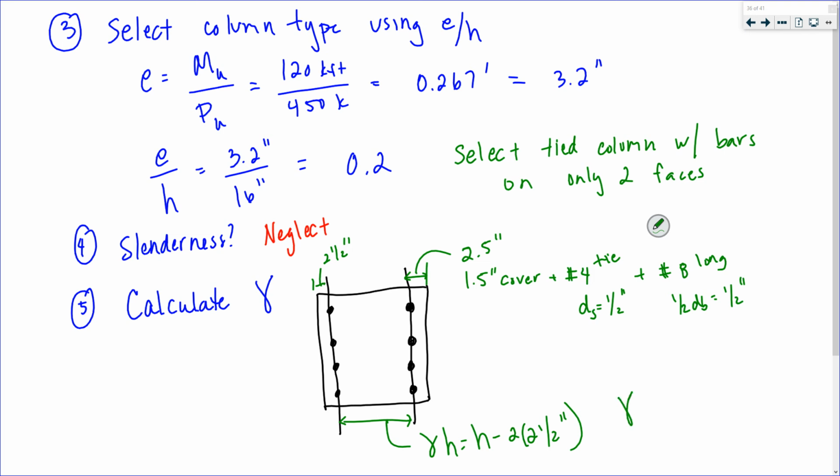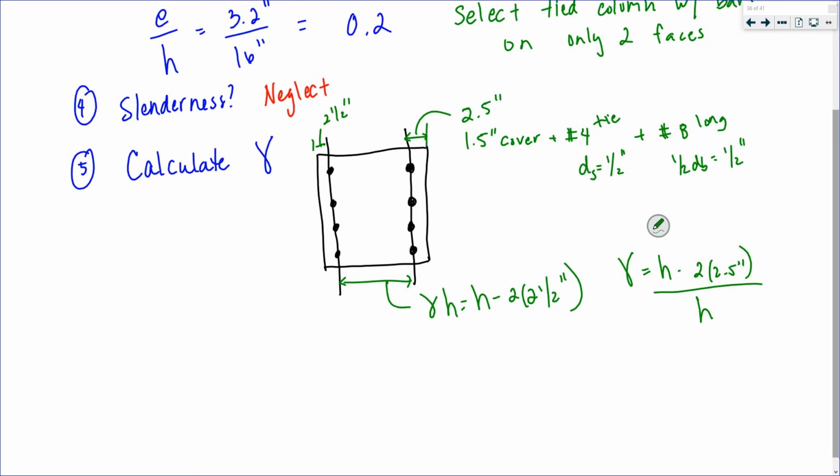So gamma is (h minus 2 times 2.5 inches) over h. Gamma is (16 inches minus 5 inches) over 16 inches.